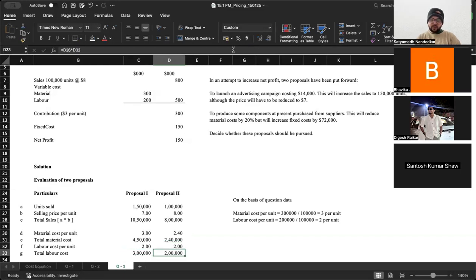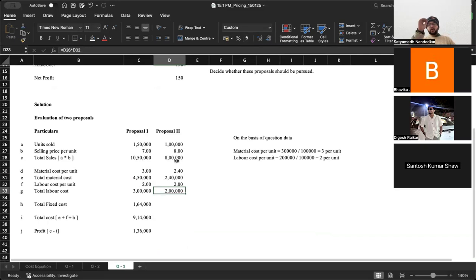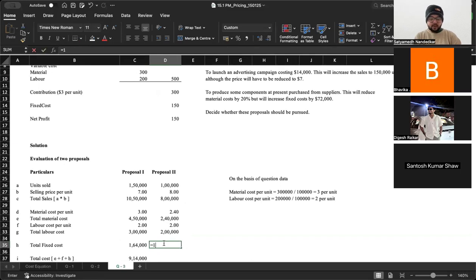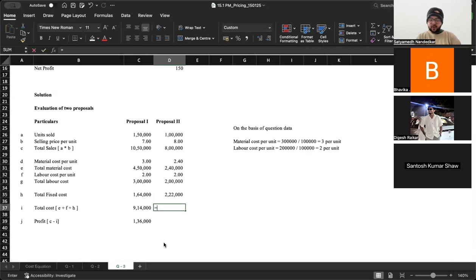Total labor cost भी उतना ही रहेगा. Sorry, total labor cost will not be the same. It will be 1 lakh into 2, that is 2 lakh. Total fixed cost here they are saying increases by 72,000. So earlier it was 1,50,000. Usme you added 72,000. 2,22,000. Total cost is material, labor, total fixed cost.